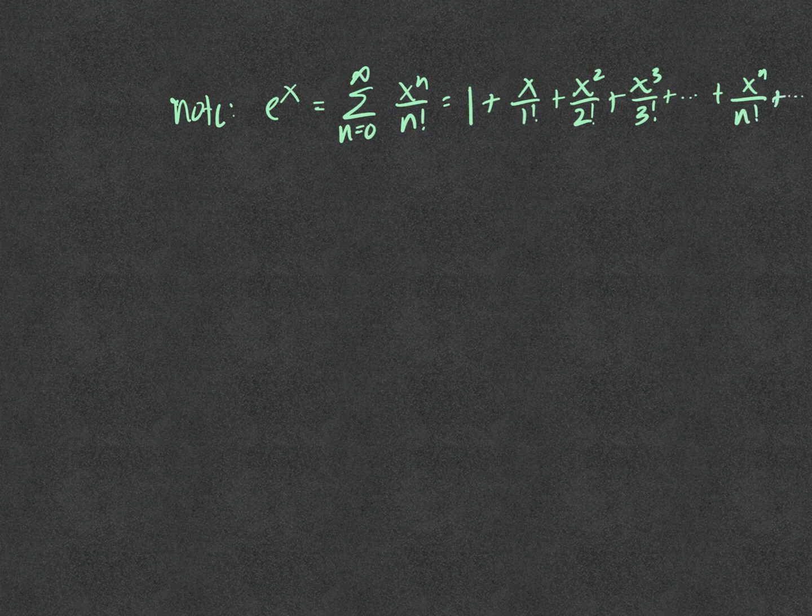What we really want to look at here is e to the negative x squared. So this means that we're going to take the same series, but instead of x to the n, we're going to put negative x squared to the n over n factorial.